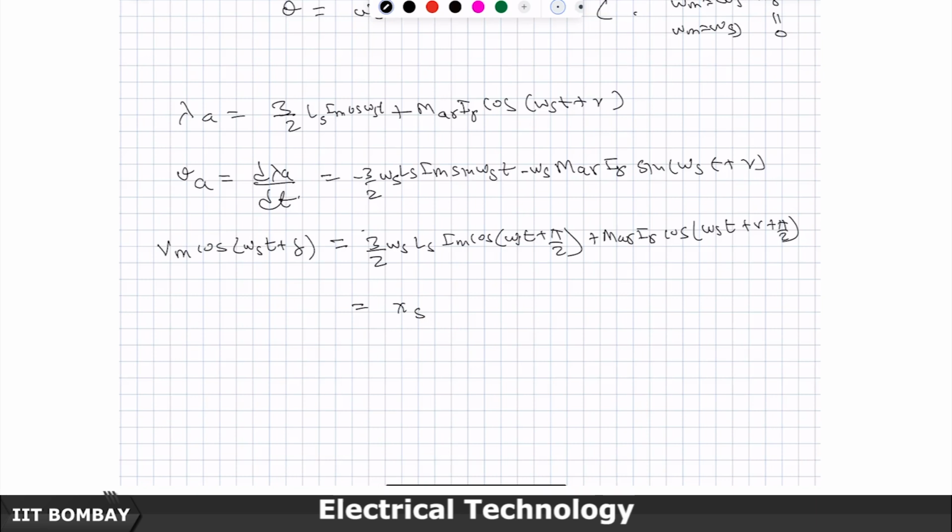We are only looking at a cylindrical rotor 3 phase synchronous machine.